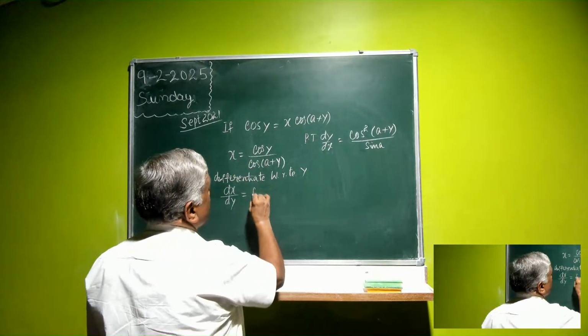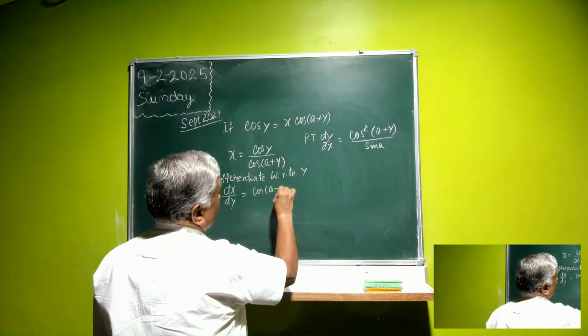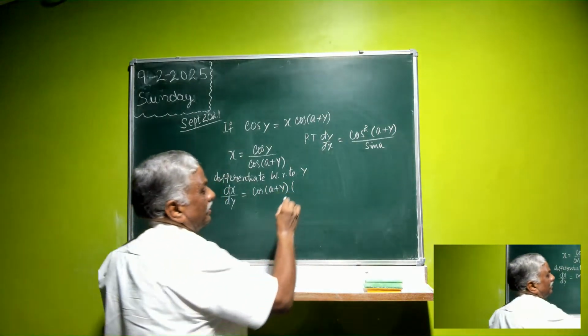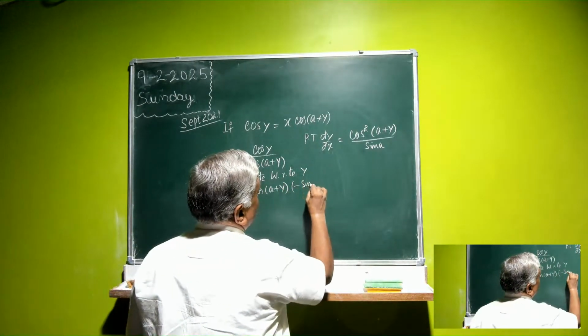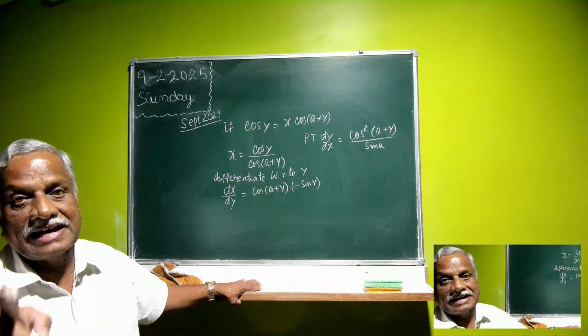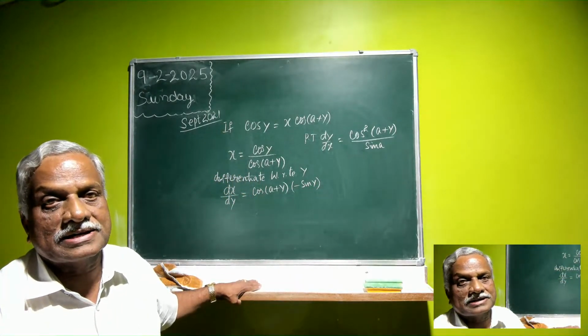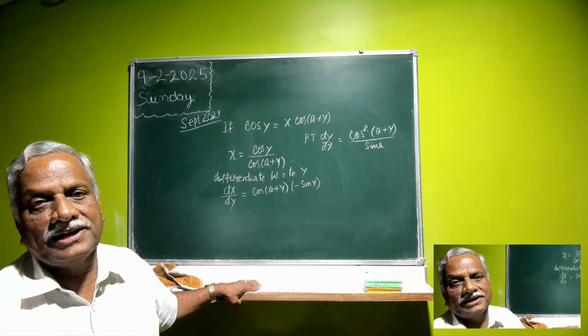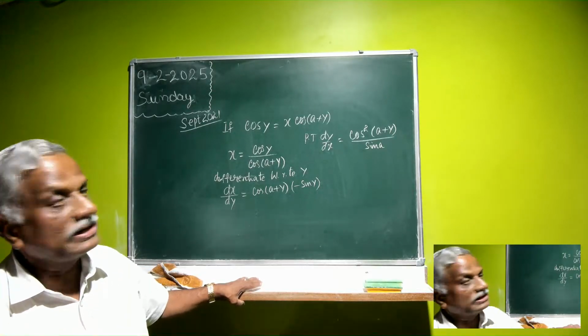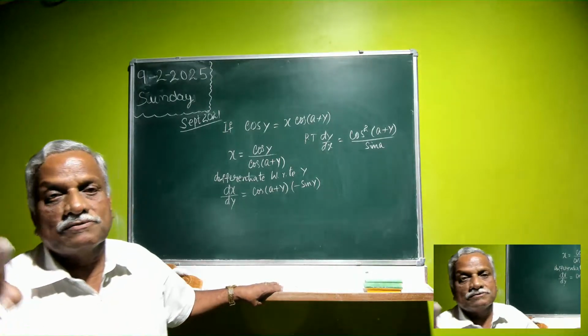Keep the denominator as it is, cos of a plus y. Differentiate numerator, it is minus sin y. Whenever sin x was there, we used to write cos x dy by dx, or if cos x is there, minus sin x, because the differentiation was with respect to x.